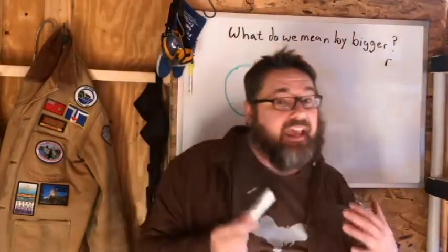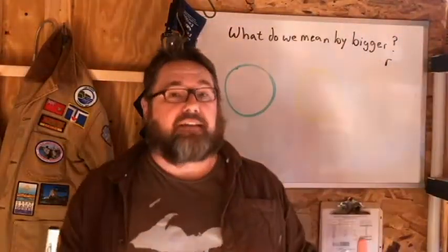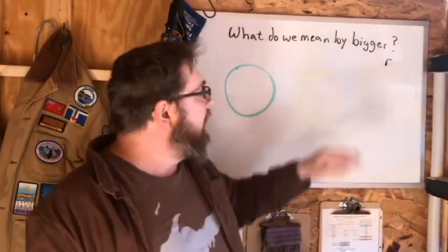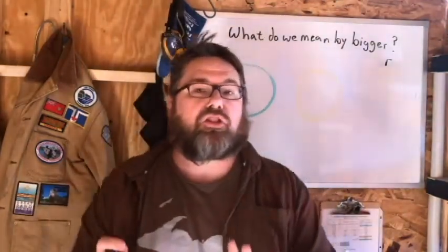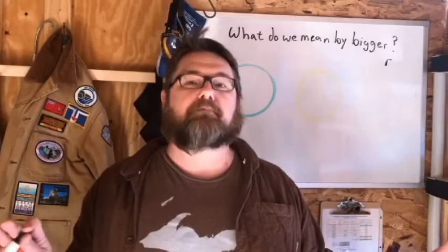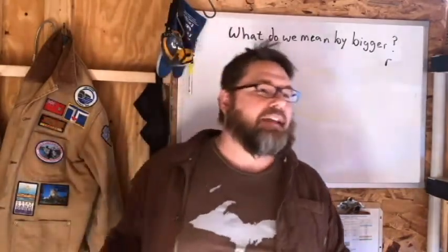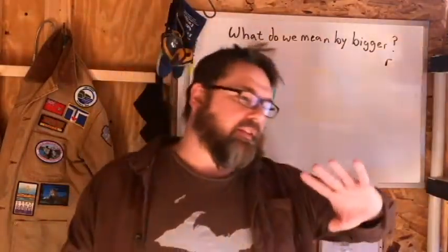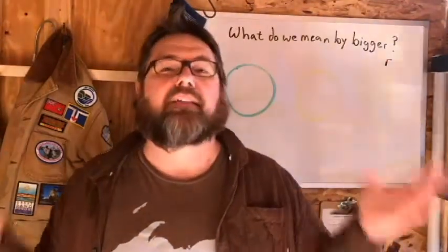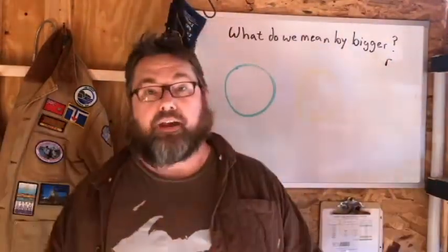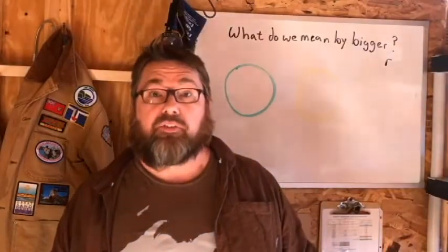Like in this case, we're just going to use inches. Don't worry about it being in metric. It doesn't matter. If I did this in millimeters, or centimeters, the circle ratios would still be the same size. So we're going to use inches here, okay?